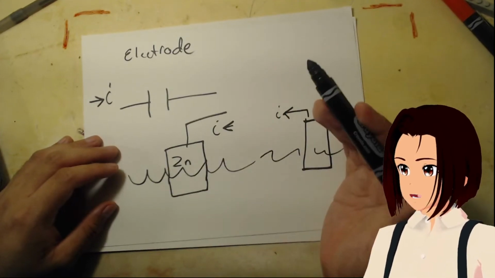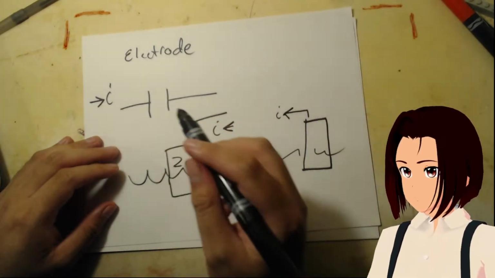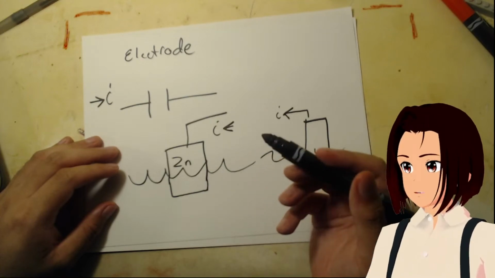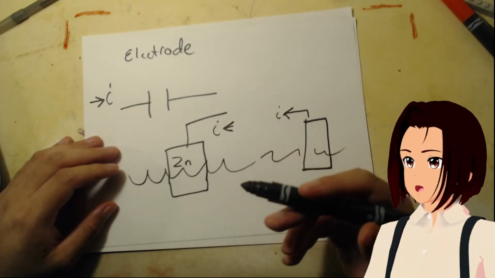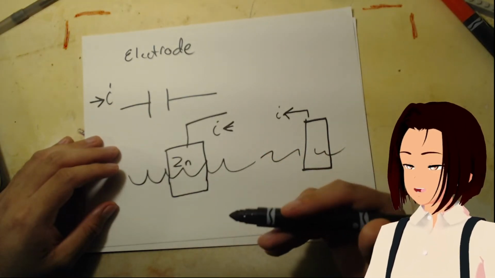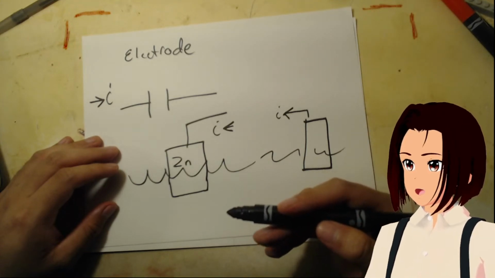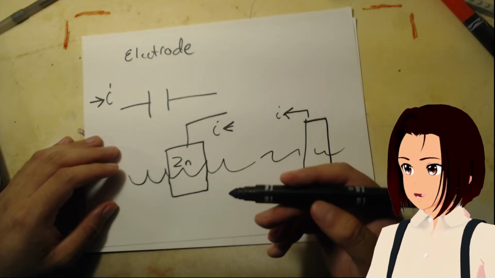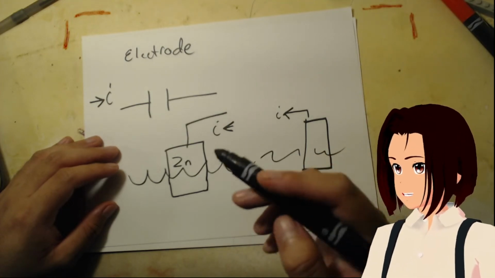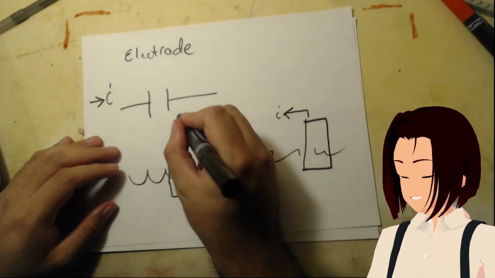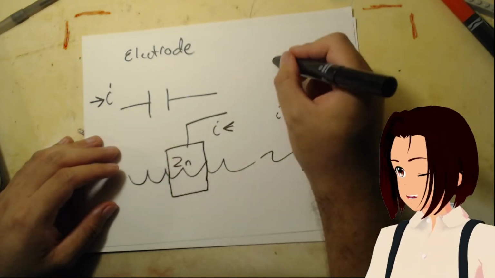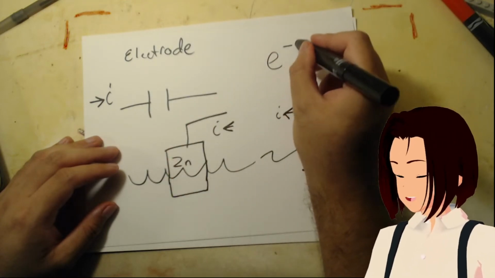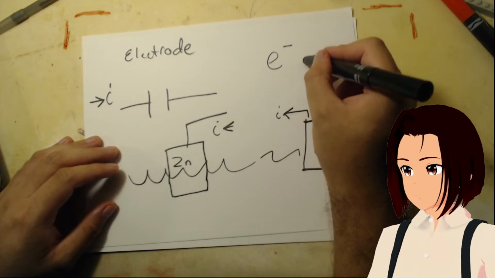Now, in this configuration, the current is the flow of positive charge, and we want to know where the electrons are going. This is important for triodes. This is really important. We're going to call the little electrons little e with a minus sign. This is an electron.